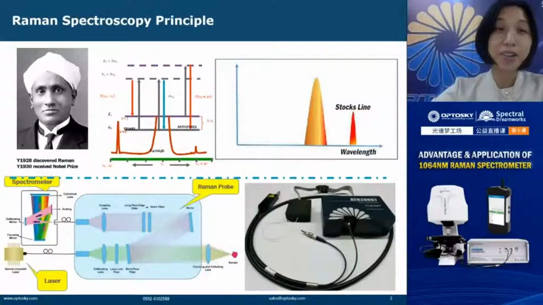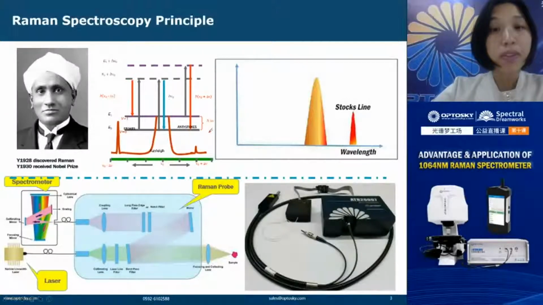Firstly, you can see Raman. Raman was an Indian scientist. In the year 1928 he discovered the Raman phenomenon, and in the 1930s he received the Nobel Prize for this discovery. Secondly, you can see from this sketch that this is the Rayleigh scattering, this is the Stokes lines, and this is the anti-Stokes lines.